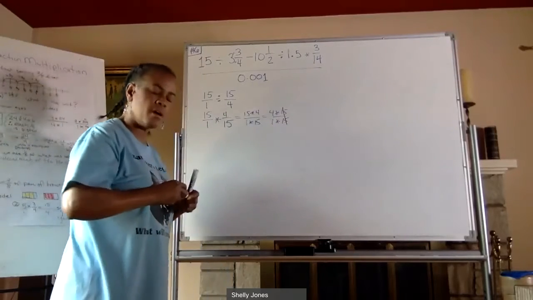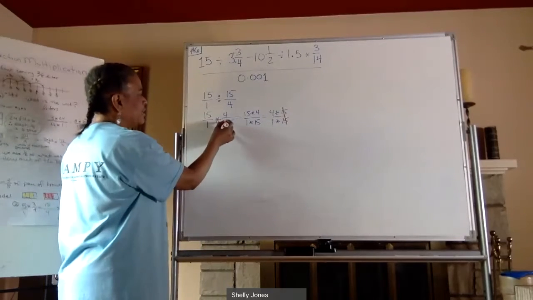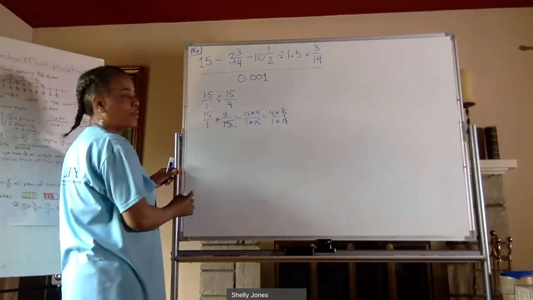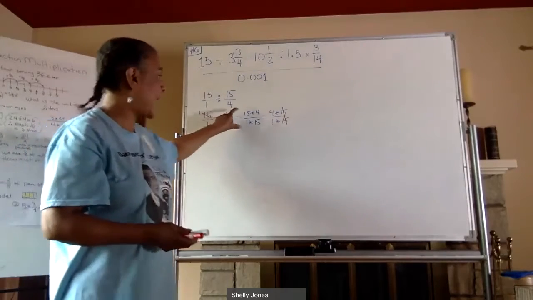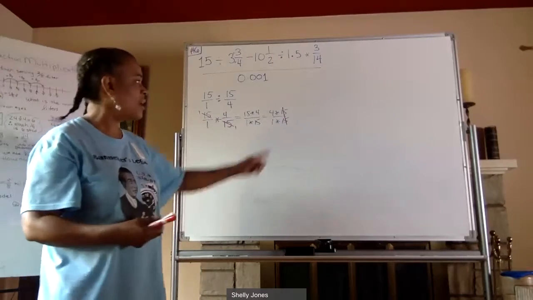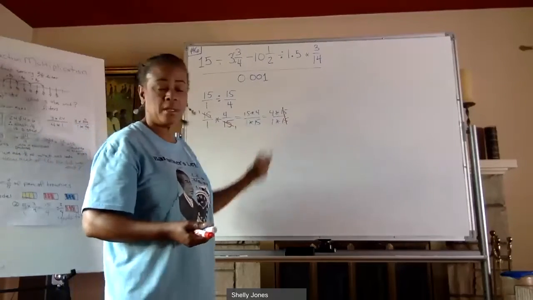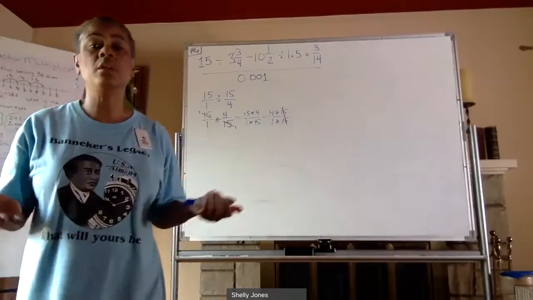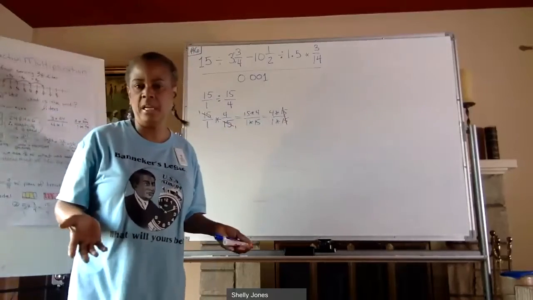So even though over here, the way I did it before was I did this. 15 goes into 15 once, 15 goes into 15 once. Remember, you can actually write it out if it makes it more comfortable for you to see that common factor of 15. Sometimes it's not the same, like that 15 over 15 is really times 1. But it could have been, let's say, 5 over 15, right?